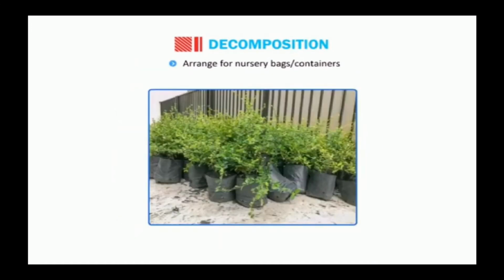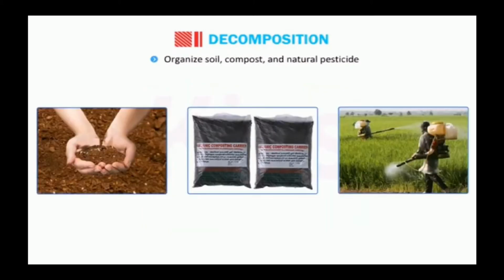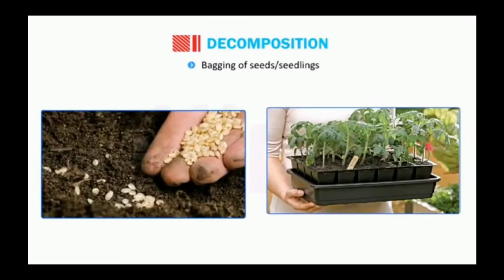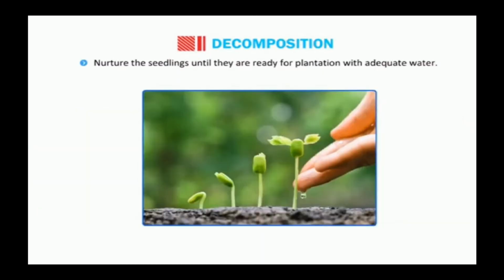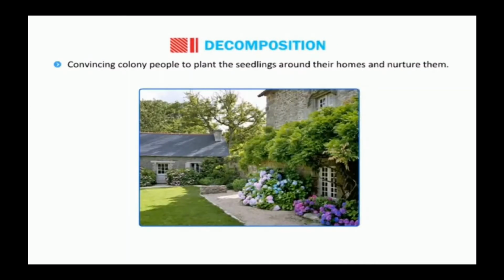Arrange for nursery bags and containers. Organize soil, compost, and natural pesticides. Bagging of seeds or seedlings. Nurture the seedlings until they are ready for plantation with adequate water. Convincing colony people to plant the seedlings around their homes and nurture them.